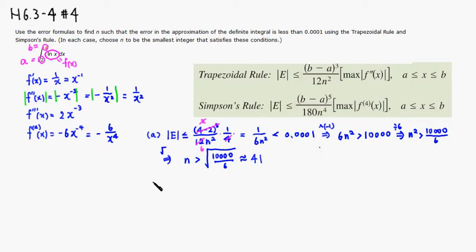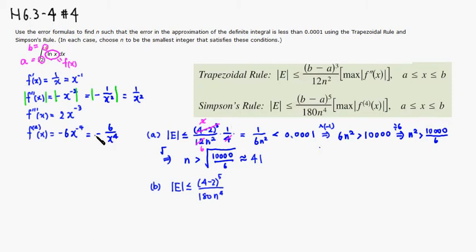And how about Simpson's rule? So part B. We want the error bound, again 4 minus 2, and this time raise it to the 5th power, divided by 180 n to the 4th power, times the maximum of the 4th derivative.